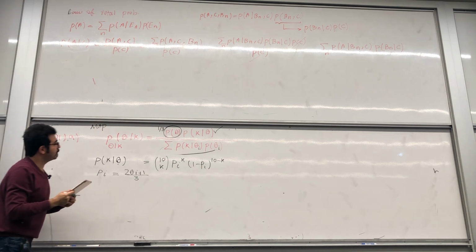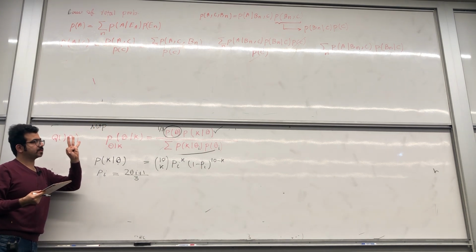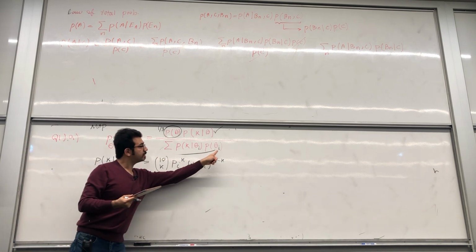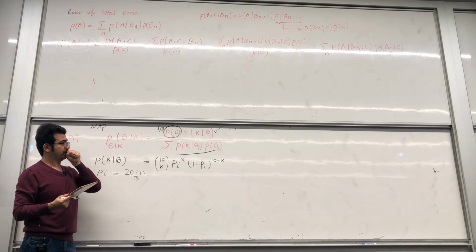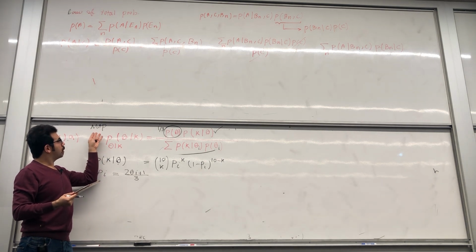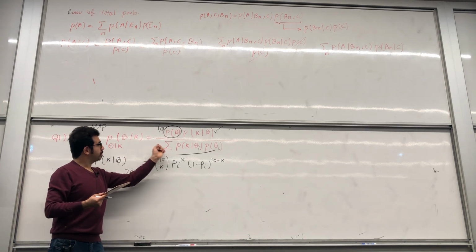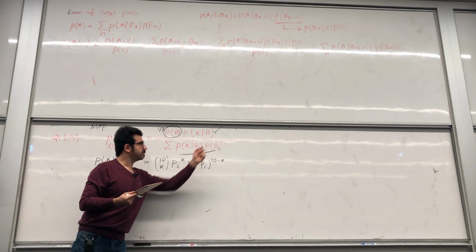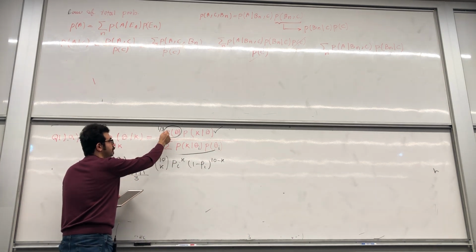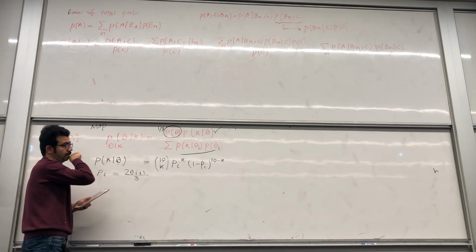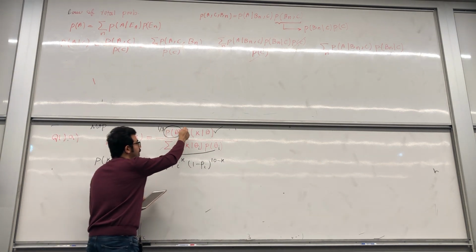And for my MAP, for the 3 types of students, this denominator is constant, right? Because for MAP, I want to find the maximum a posteriori. But for all of them, this term is constant, and also this P of theta is constant as well. So all I care about is this term.